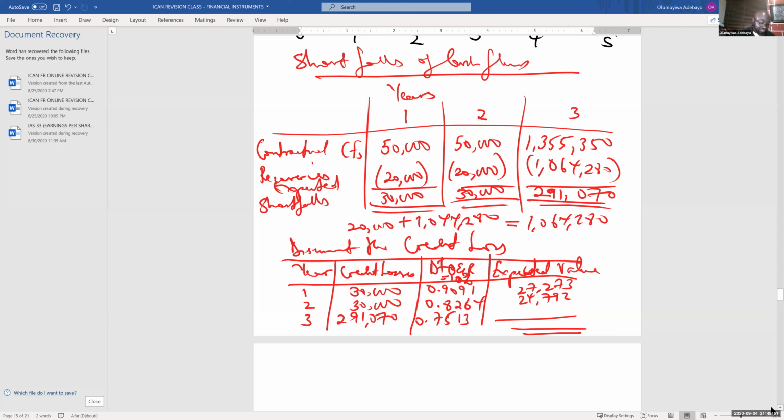And 0.7513 multiplied by 291,070 gives me 218,680. 218,680 plus 27,273 plus 24,792 gives me 270,745.